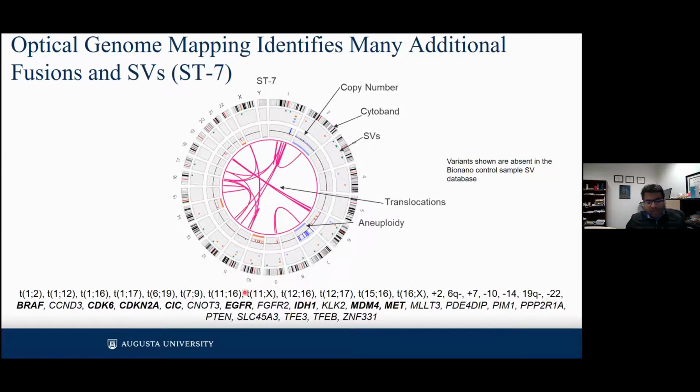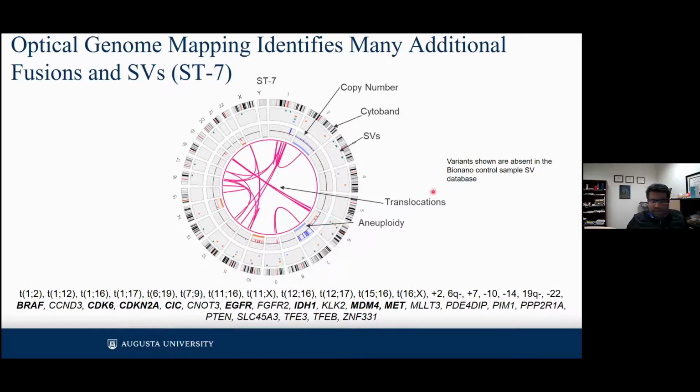And this is probably the poster child case for looking at adult brain tumors on optical genome mapping, and we were able to identify a variety of complex translocations along with all the clinically critical genes, and in addition to that, a lot more clinically important genomes. So the circus plot basically shows you the copy number, the cytoband, and interstitial SVs, the translocation, and aneuploidy.